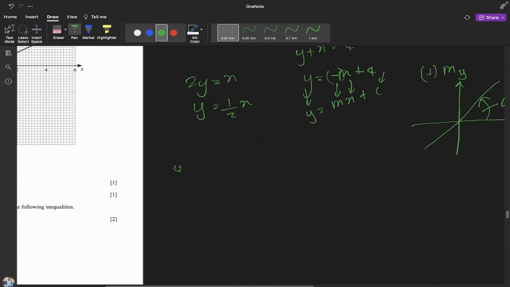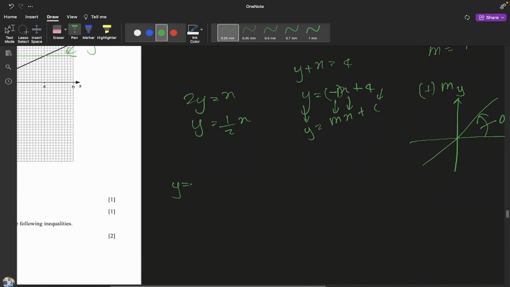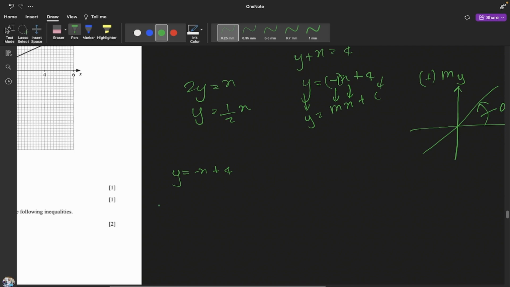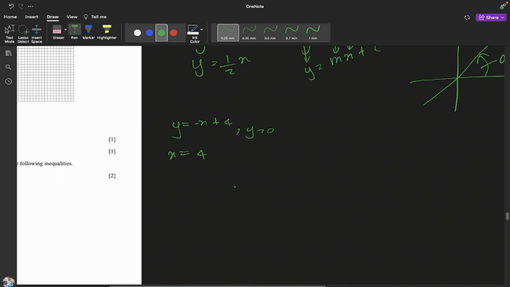I'll take the equation down. y equals minus x plus 4. When y equals 0, x equals 4, right? I'll do this quickly.